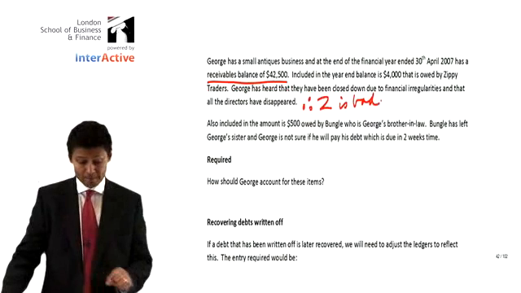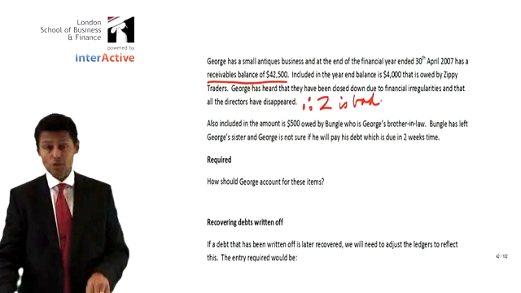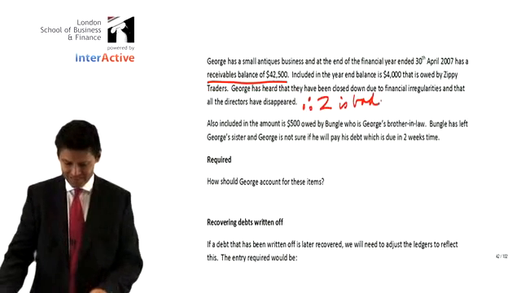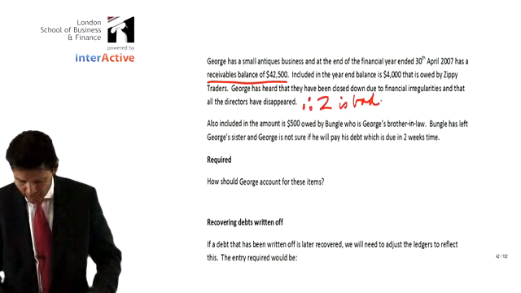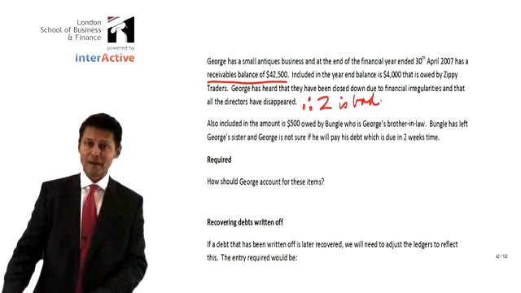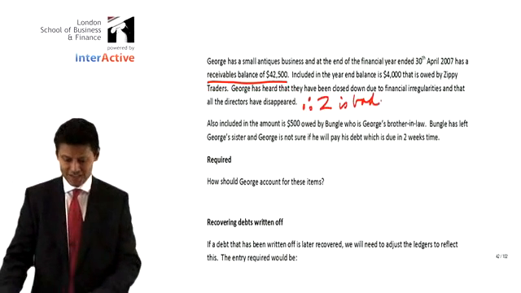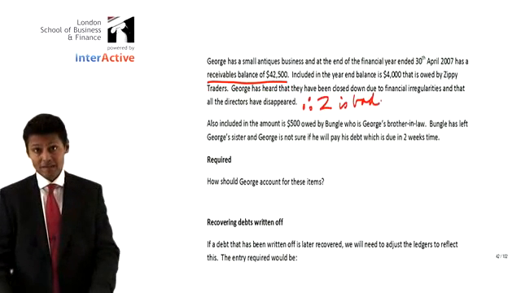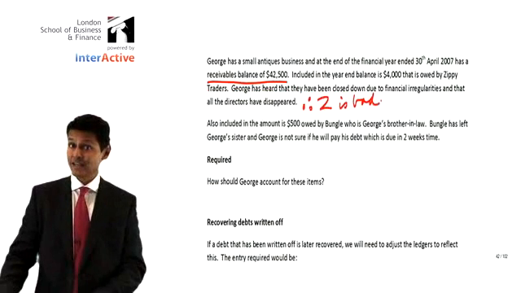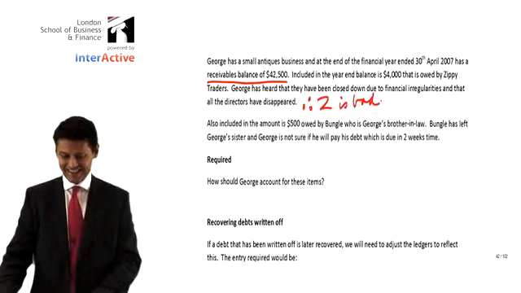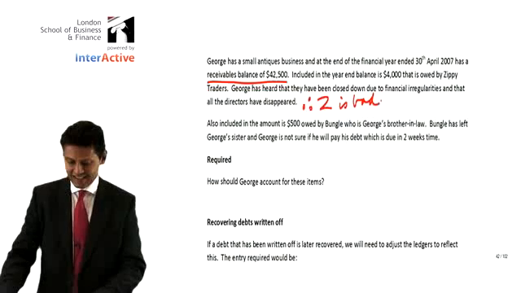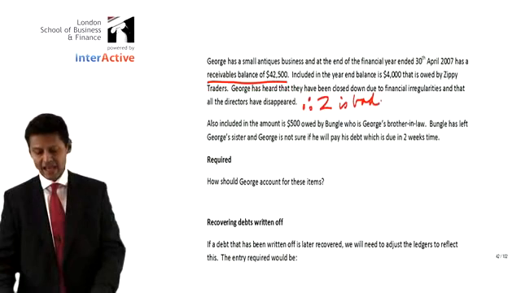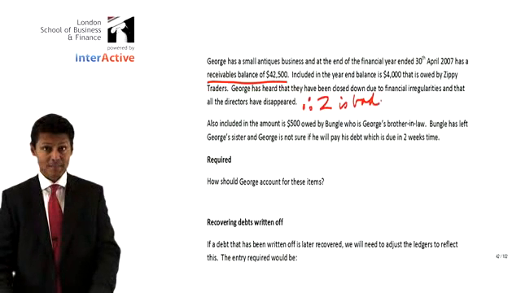Now, you may consider George to be a bad person for leaving your sister, or shall we say Bungle to be a bad person for leaving George's sister. But Bungle is not yet actually a bad debt. George, therefore, is not sure if he will pay his debt, which is due in 2 weeks' time.